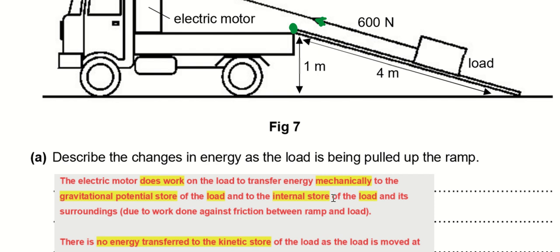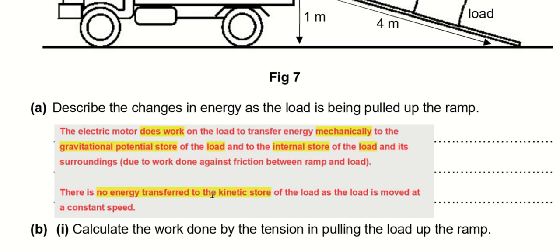Okay, so it goes to the internal store of the load and also to the surrounding. The surrounding will also be heated up, right? This is due to work done against friction between the ramp and the load. Then this was the point that I talked about just now. There is no energy transferred to the kinetic store as the load moves at a constant speed, because they are asking us to describe the changes in energy.